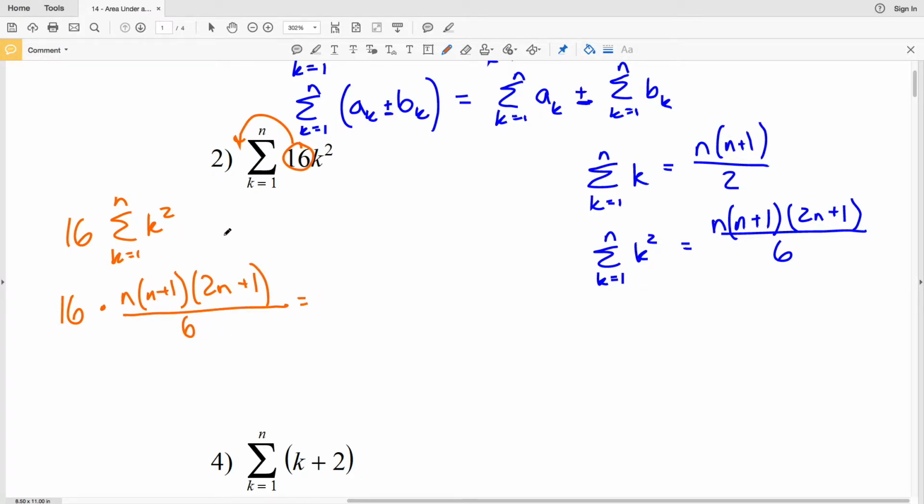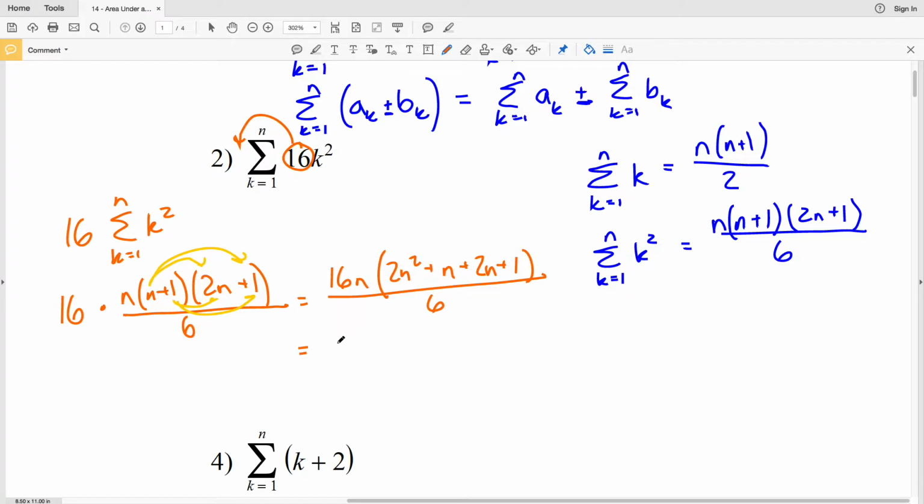So I'll rewrite this foiling or expanding my 2 binomials. So I'll have 16n times n times 2n is 2n squared plus n times 1 is 1n plus 1 times 2n is 2n, and then I'm adding that to 1 times 1, which is 1, and that's all over 6. And now I'll distribute my 16n.